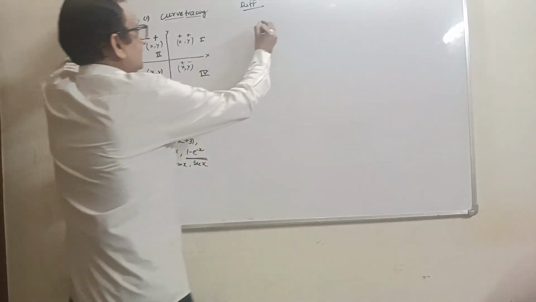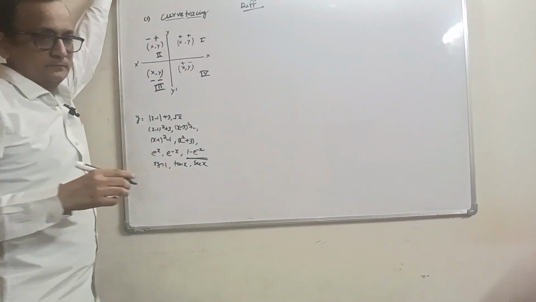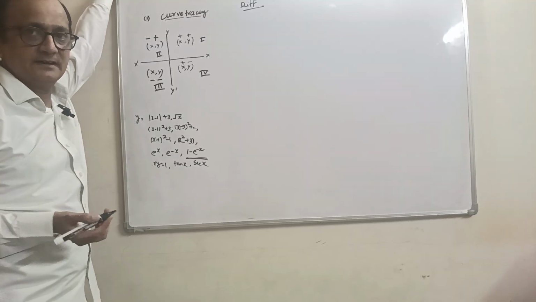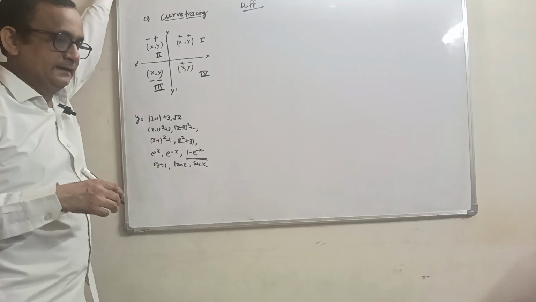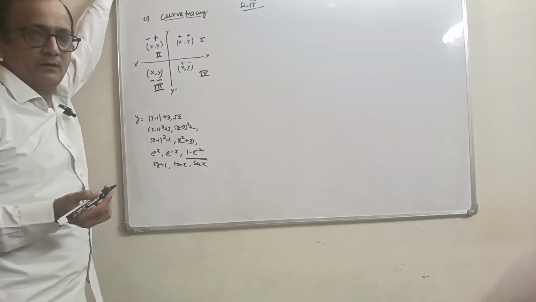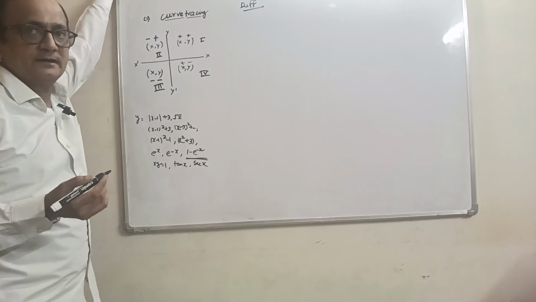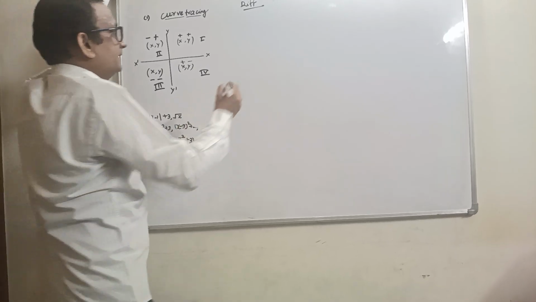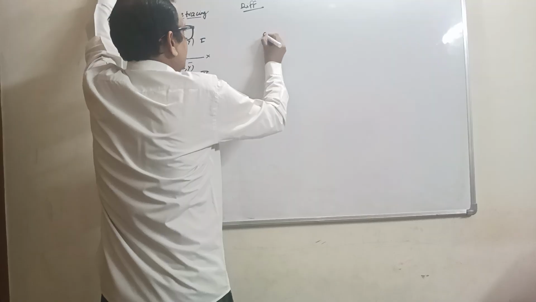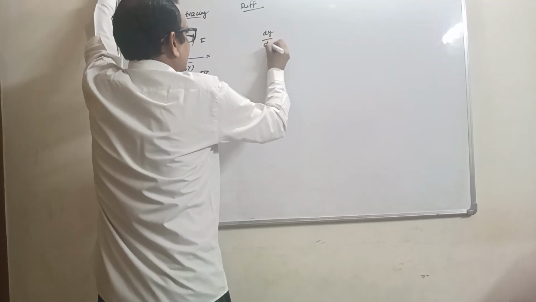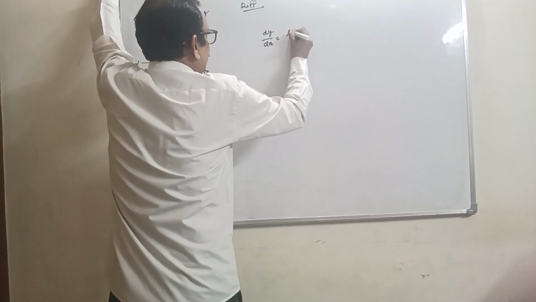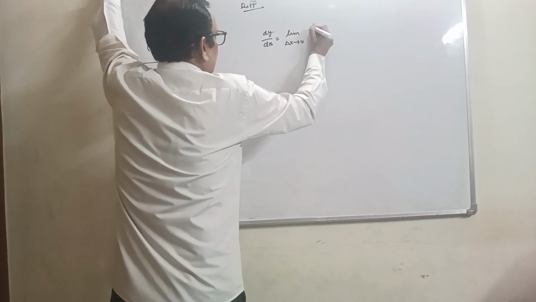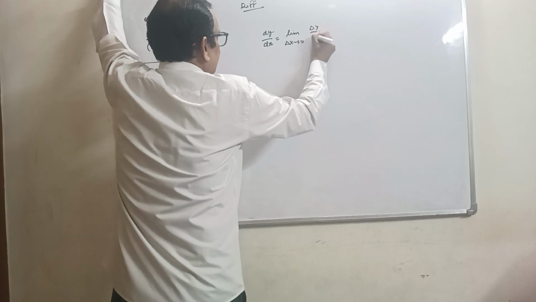We can also say mathematically that differentiation is the slope of a curve at a particular point. So this is dy over dx. This would be the limit as delta x tends to 0 of delta y by delta x.